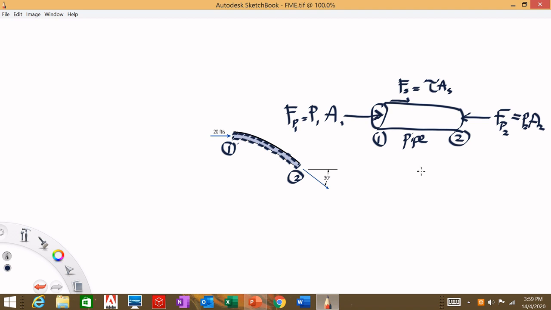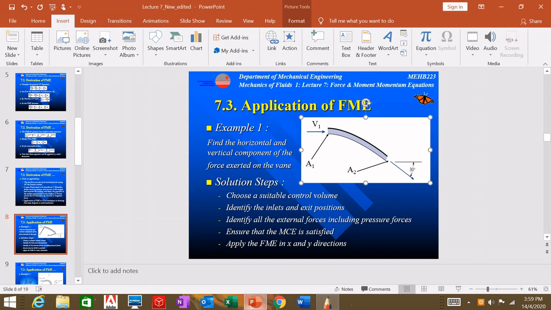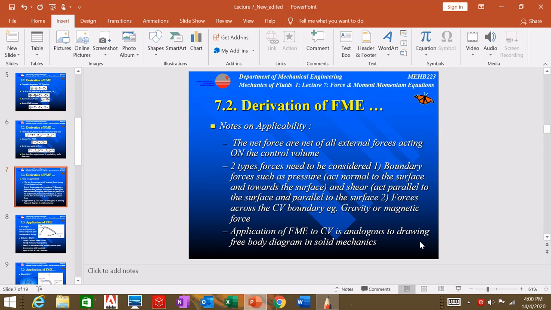Another one: there are two types of force, the boundary force and the force across the control volume, which is the gravitational or magnetic force.